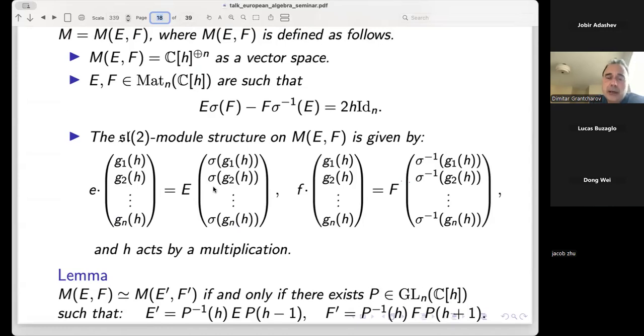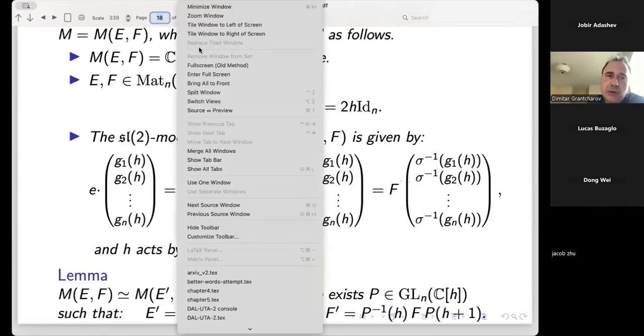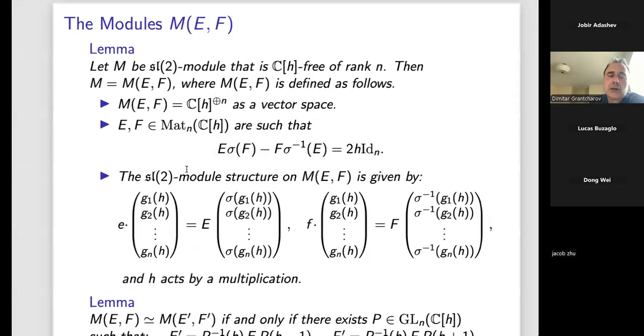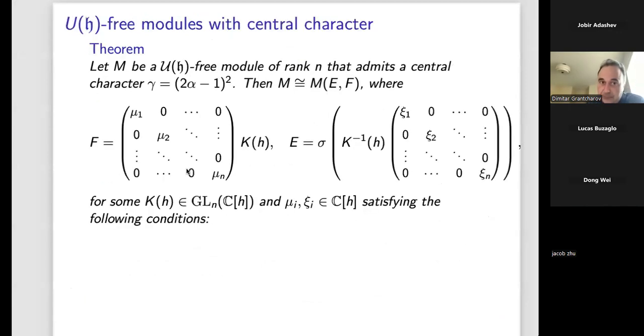If we have an isomorphism of two modules with E and F, we need sigma-similarity for the corresponding E matrices and F matrices. So that's not a difficult question to answer here, but again, it's difficult to work with explicitly when we have concrete matrices.